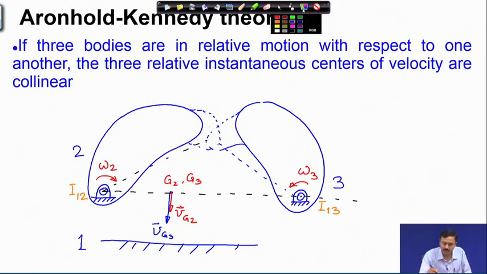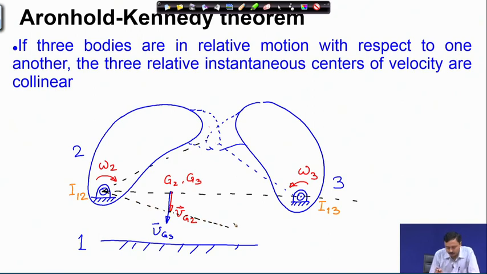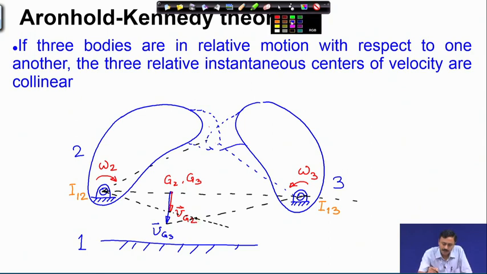Now, how to determine then the exact point? Since the red vector belongs to body 2, from the instantaneous center of body 2, I draw this black dashed line, and from the instantaneous center of body 3, I draw this black line. Wherever they intersect, you can very easily realize you must have the same velocities. These two velocities must be equal.